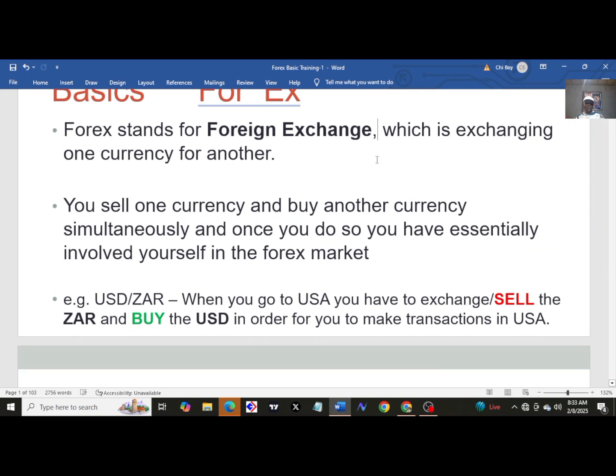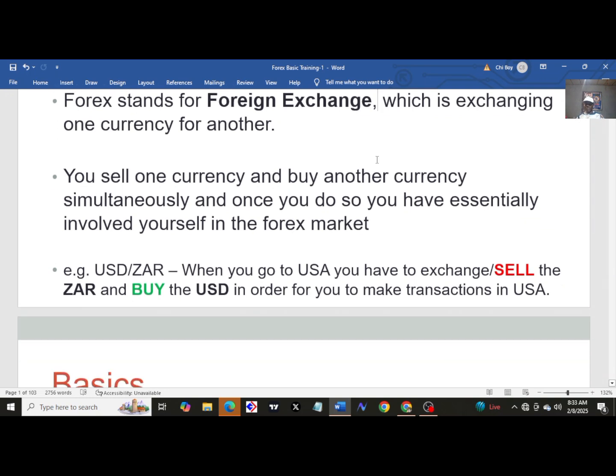Let's look at this beautiful example before I explain. We have a beautiful example here. The United States dollar, which is USD, against the South African rand, which is ZAR. The rand is the official currency of South Africa, and the United States dollar is that of the United States of America.